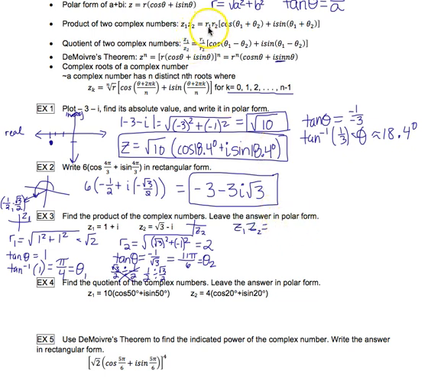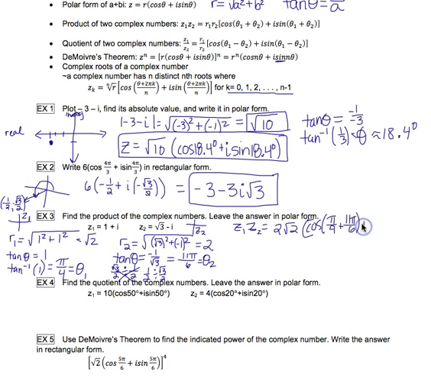I'm going to do radical 2 times 2. So that's 2 radical 2. Then in brackets, I'm going to have cosine of theta 1, which is pi over 4, plus theta 2, which is 11 pi over 6.